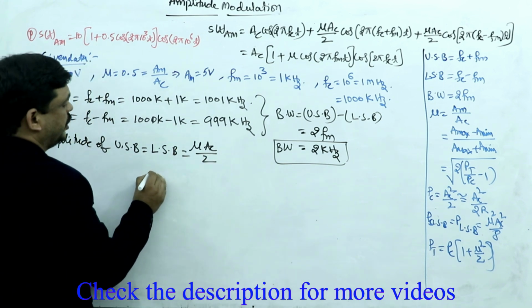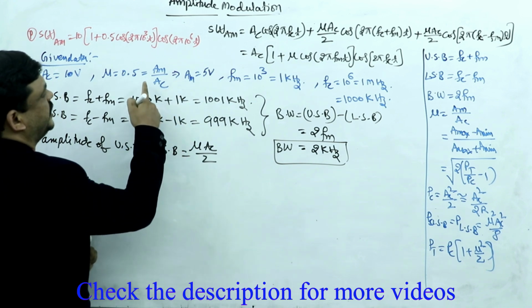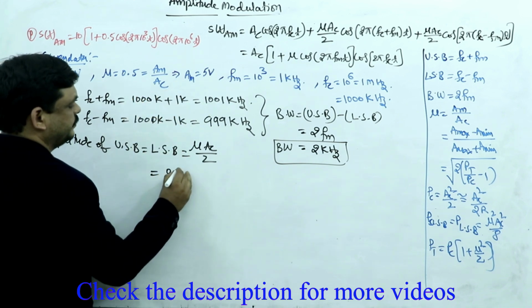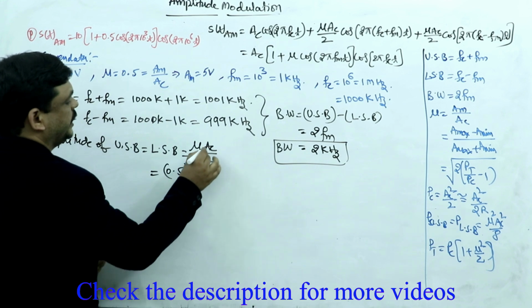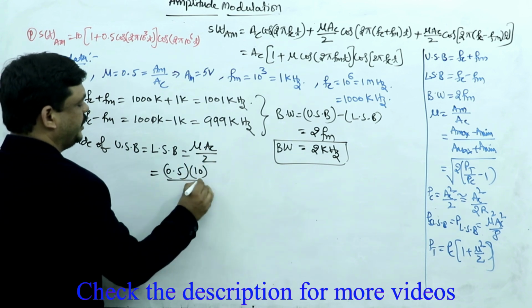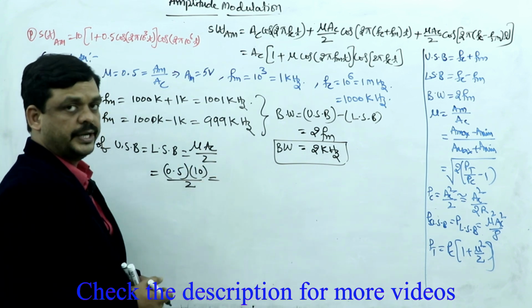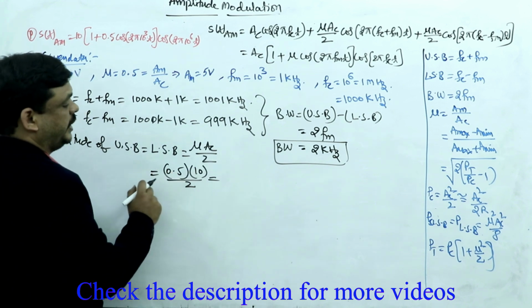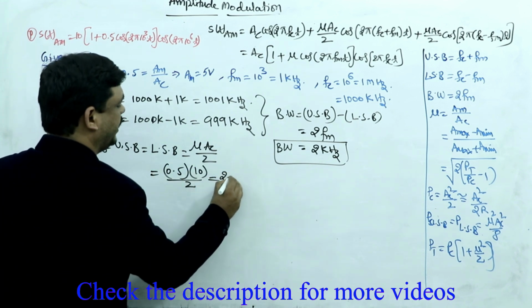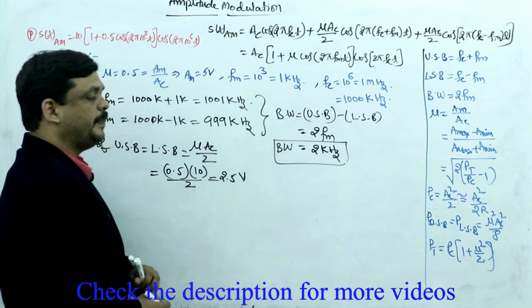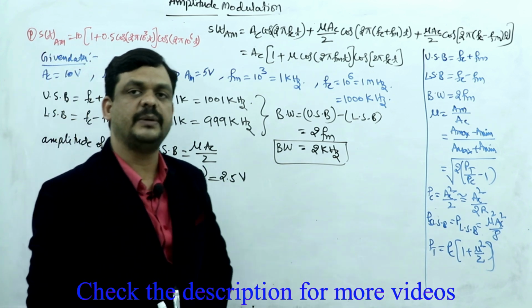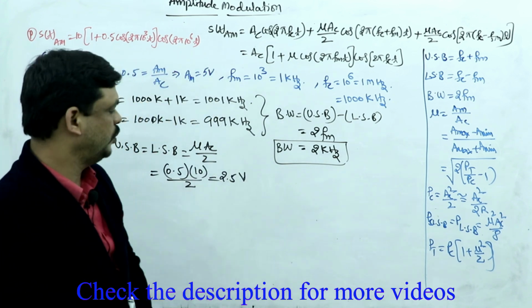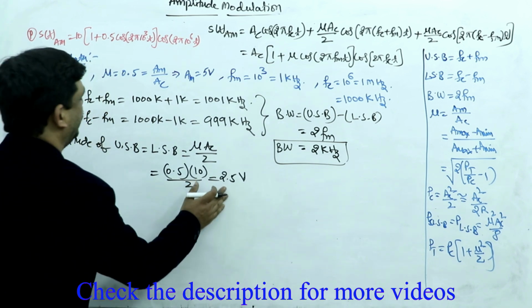Substitute those values. Mu is the modulation index. Modulation index is how much here? 0.5. 0.5 into AC is 10 by 2. So 0.5 into 10 is 5, 5 by 2 is 2.5 volts. Upper sideband and lower sideband amplitudes are 2.5 volts. The maximum amplitude is 2.5 volts.